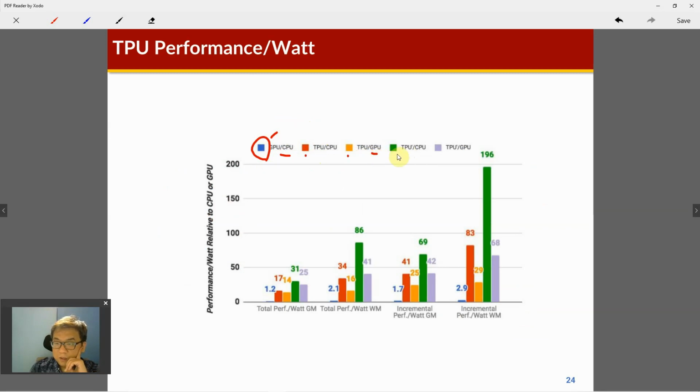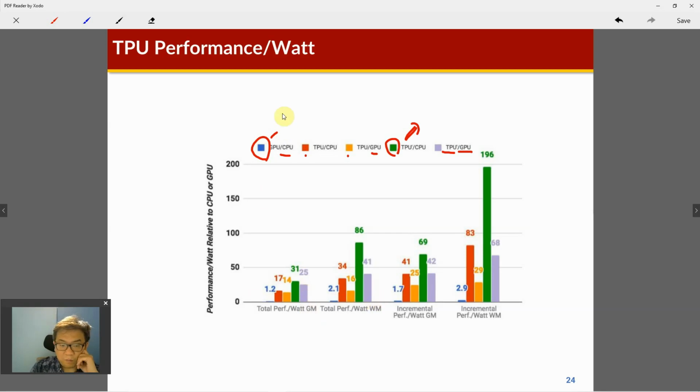The green is TPU prime over CPU, the enhanced version of the TPU, and this is also the enhanced TPU over GPU. It's the total performance per watt, and you can see the more advanced performance per watt of the TPU.